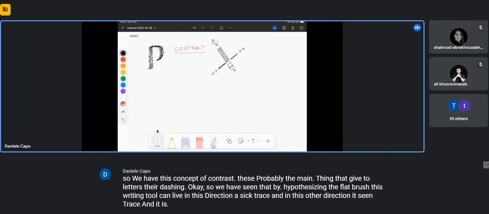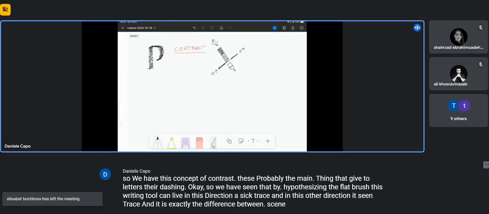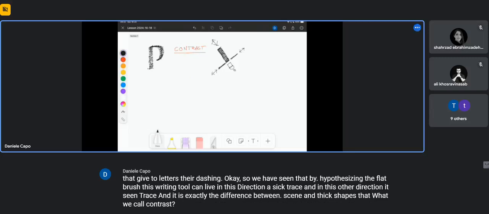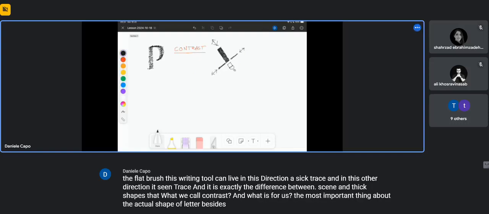And it is exactly the difference between thin and thick shapes that we call contrast, and what is for us the most important thing about the actual shape of letters, besides their so-called skeleton.